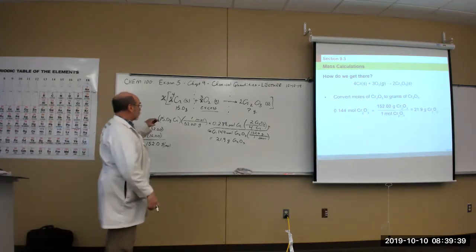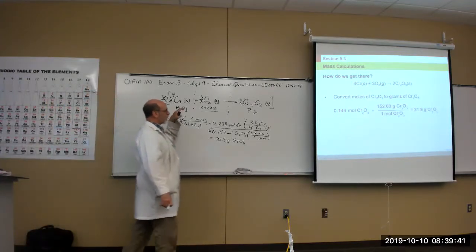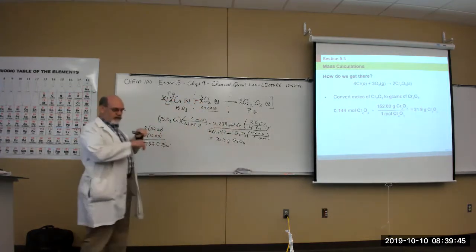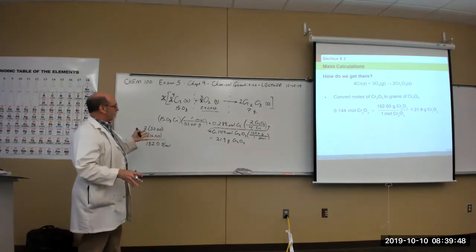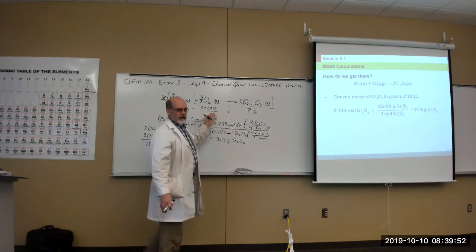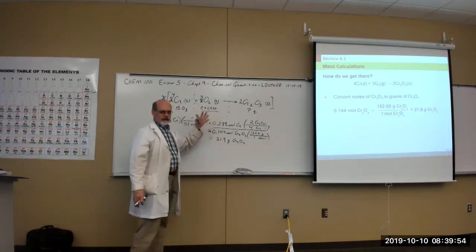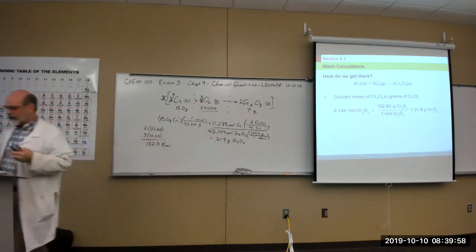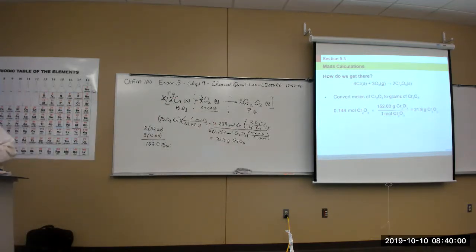In this case, we're starting off with grams and we're ending at grams. Okay, but it would be just as effective if we had a gas here and we were given a certain pressure and certain values. Well, not yet, because we haven't talked about gases.